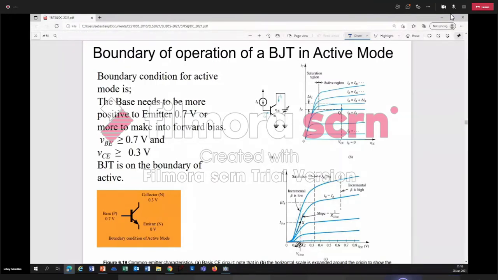Origin is still in the same place. The voltage is incremented in a magnified region: 0.1, 0.2, 0.3, 0.4. This clearly indicates that from 0.3 onwards you get the active region, that is VCE. Anything less than that, you are in saturation. Cutoff is that region.